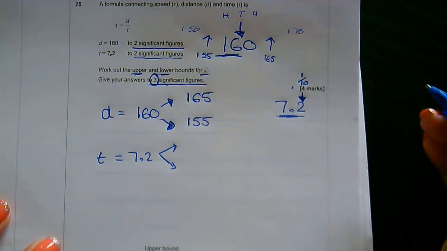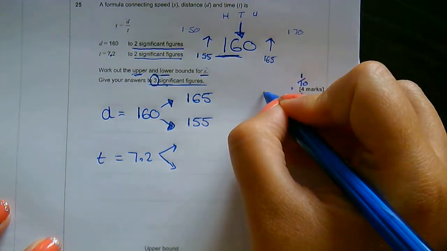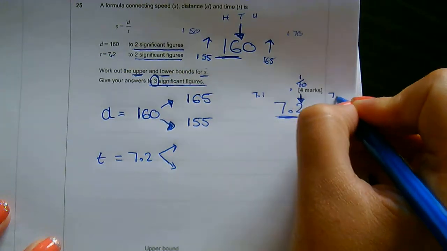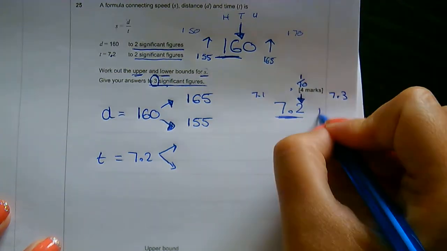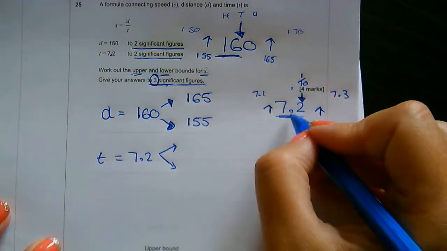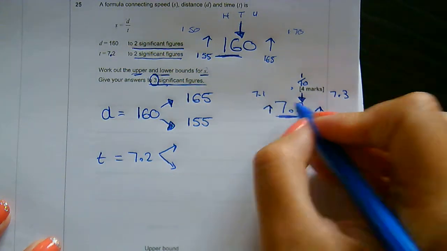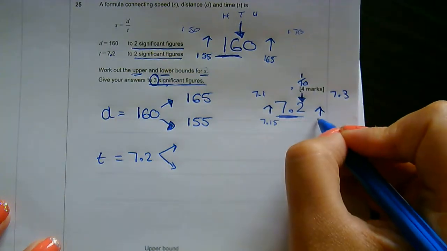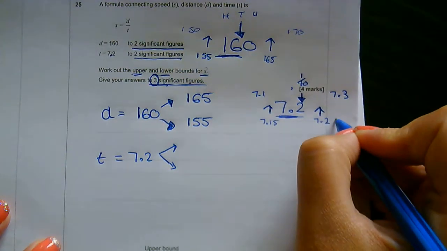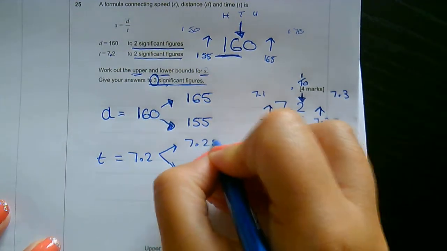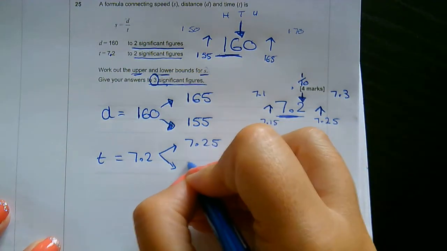And we just need to again consider the one before it, so the tenth before it is 7.1, the tenth after it is 7.3, and again we just need to think about the bounds for that one. So between 7.1 and 7.2 is 7.15, and between 7.2 and 7.3 is 7.25. So there is our upper bound at 7.25 and our lower bound at 7.15.